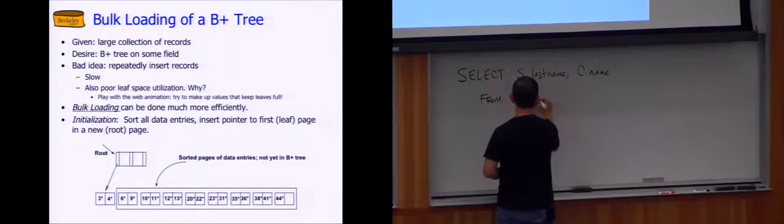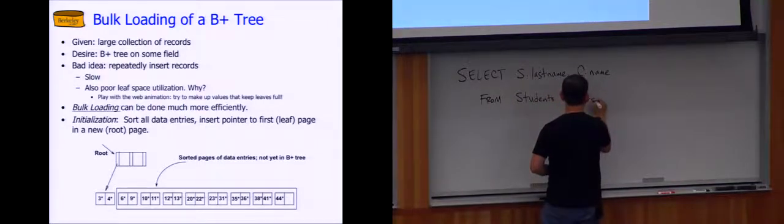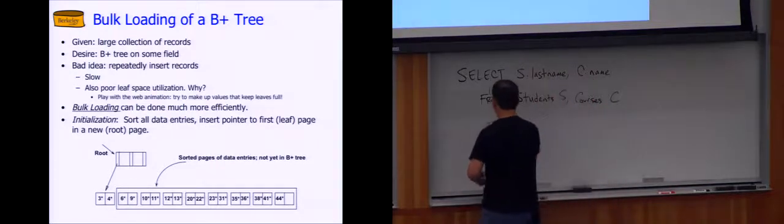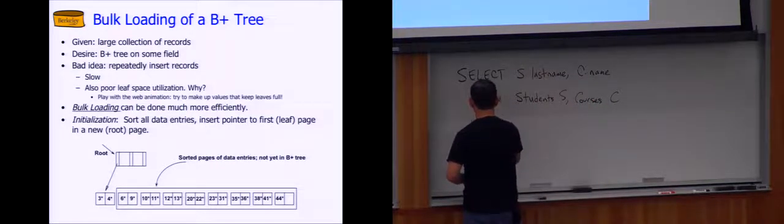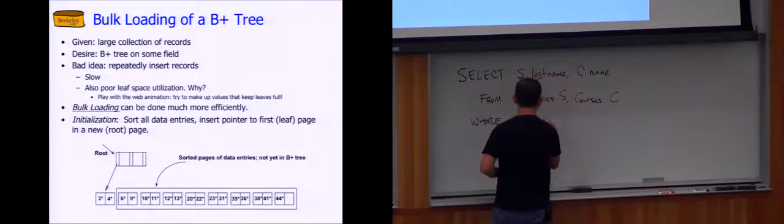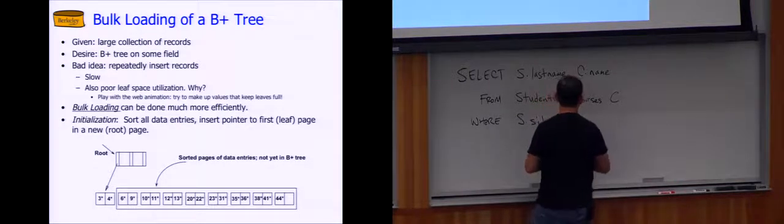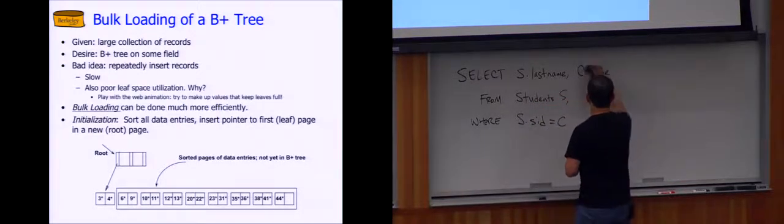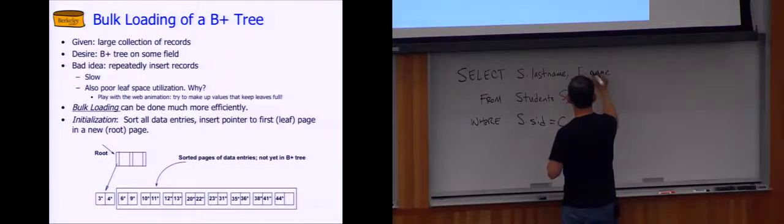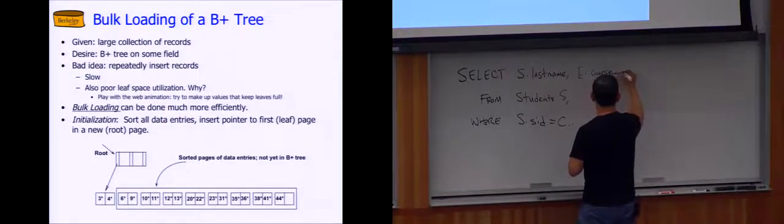Students S, courses C, where the student ID in the students table is the same as the student ID. Oh, you know what? This is not courses. Excuse me. This is the enrollment records table. E dot course name.